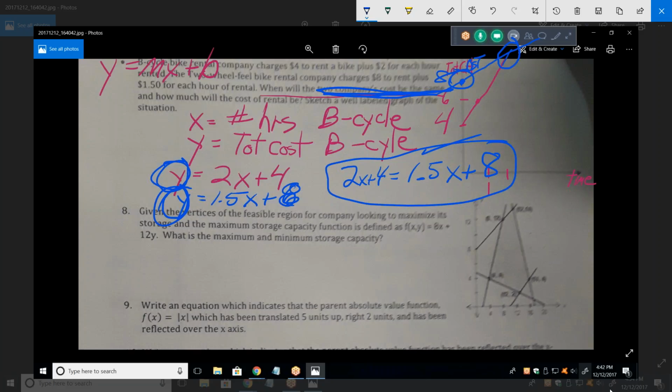So which way am I moving the x's? To the left. Which makes me move the numbers to the right. So let's do it in one step. Subtract 1.5x from both sides. So that's 0.5x. And subtract 4 from both sides.